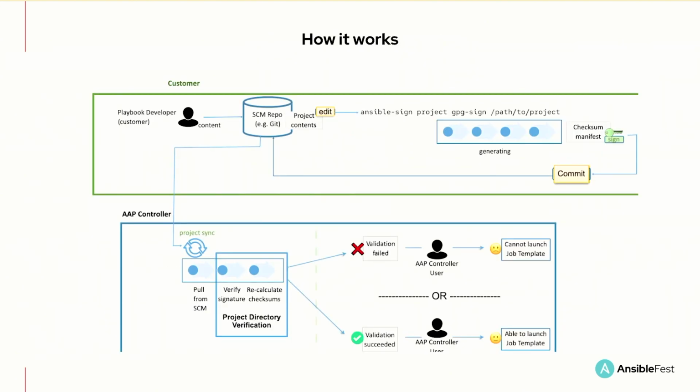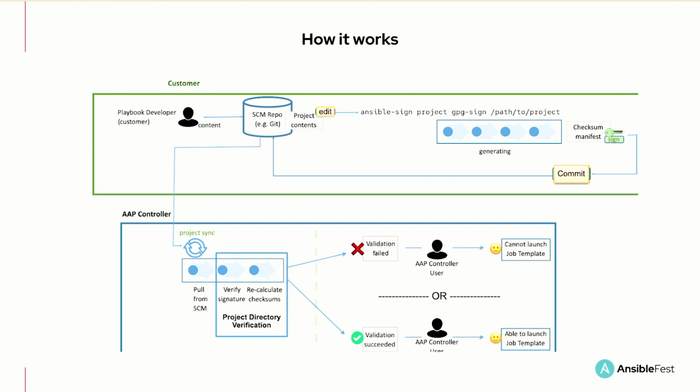Okay. How does it work? Again, I'm just giving a bit more detail here. Take a look at this command, ansible-sign project gpg-sign, and then the path to the project. Path to project means your local repository that you want to push to your Git or GitLab or SVN, anything. Using the manifest file, if you run this command, it creates a checksum file as well as a signature file.